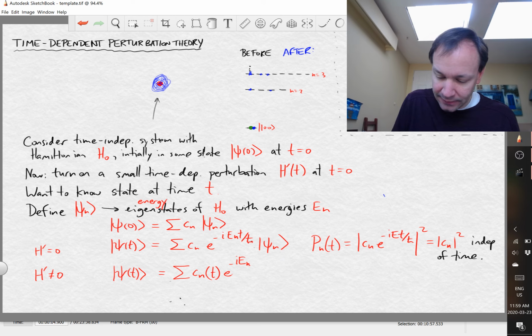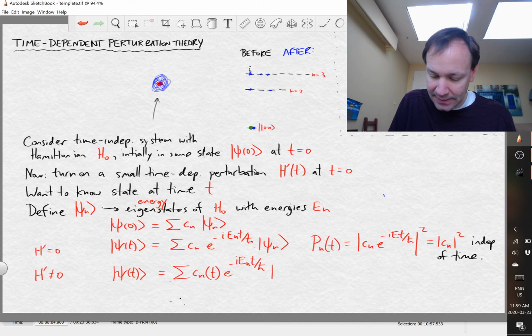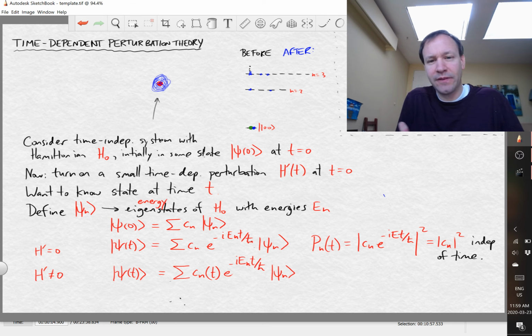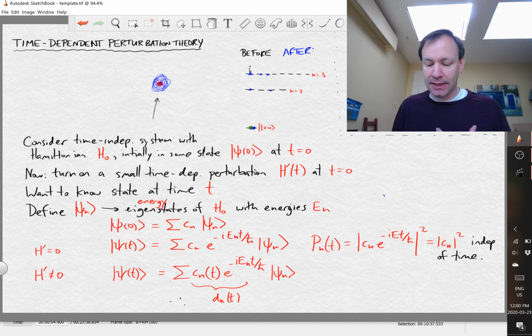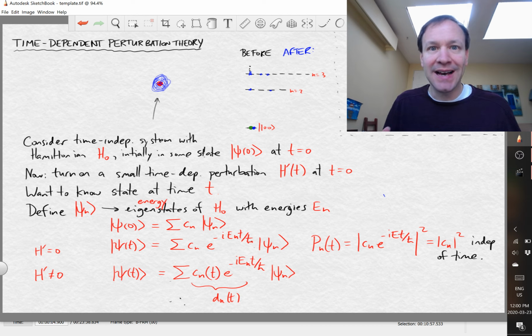So it's going to be convenient when we're writing this to leave that phase there. We could have absorbed that into the Cn's. We could have defined some other number, dn of t, to be that combination. But it'll be convenient mathematically to represent our state in that way.